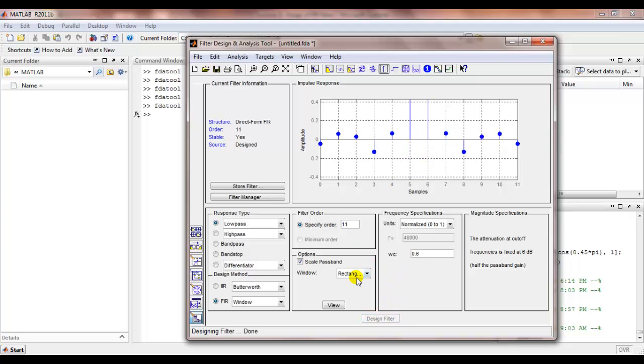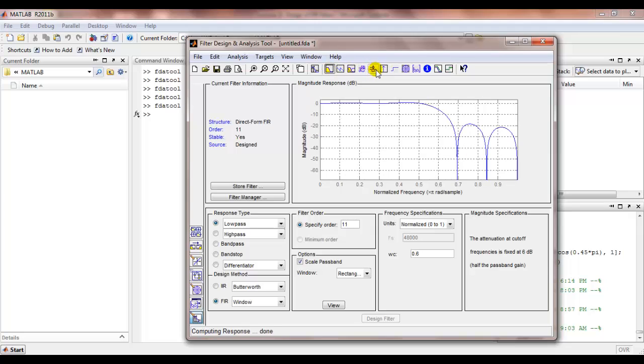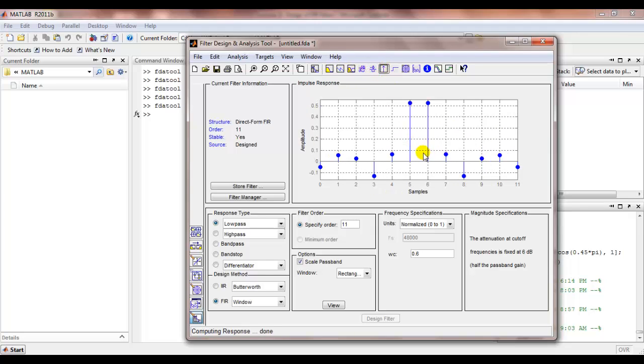So when I give it this option, I'll just change the view so that MATLAB brings it into the view. And you see that now again, it is giving you a symmetric filter, which is symmetric around 5.5. So there is no sample at m by 2. Okay. So as you go through different options, MATLAB automatically goes from type 1 to type 2 to type 4 and so forth, so that this tool automatically gives you the best possible filter that you can have.